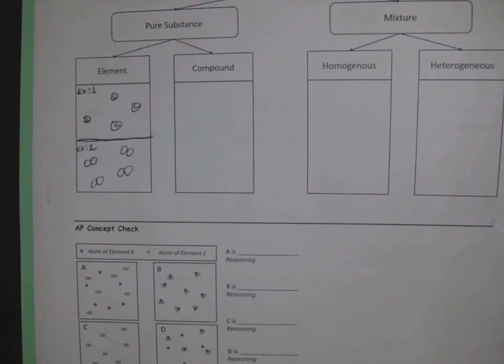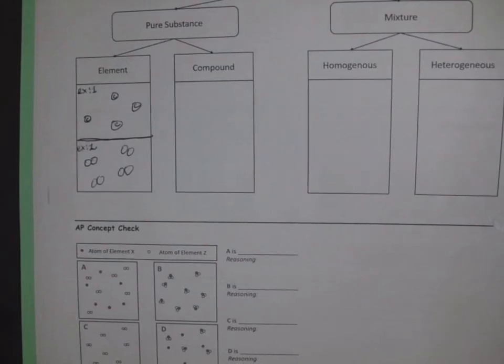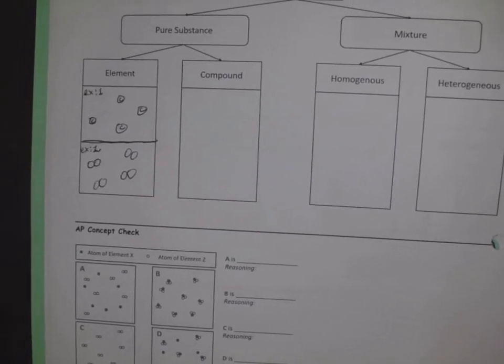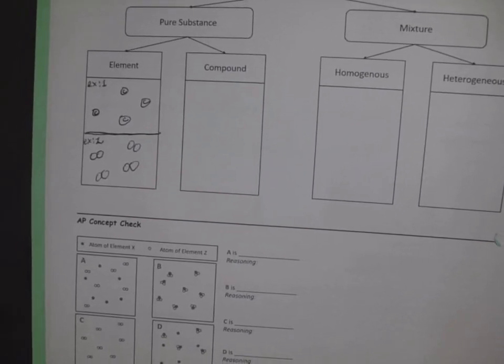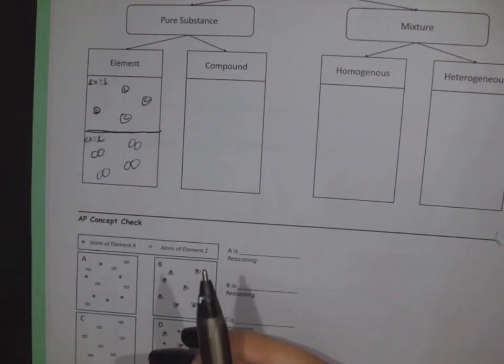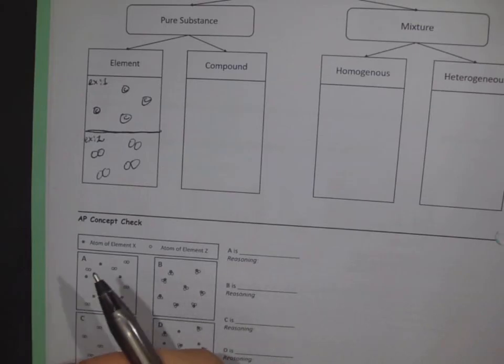Okay, great. Now let's talk about compounds. Compounds contain more than one type of atom, where an element only contains one type of atom. But the structure that they're making, usually a molecule, is what is repeated over and over.